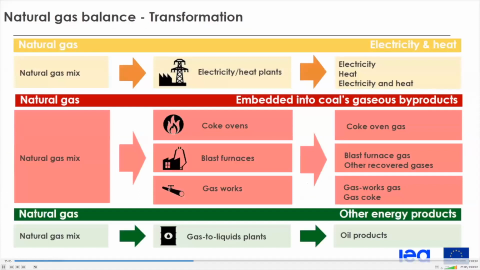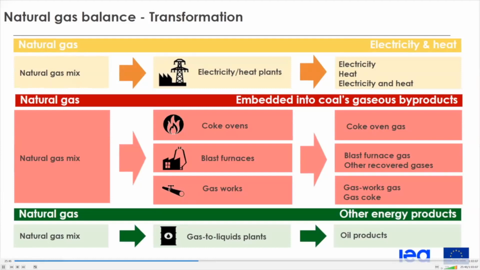Now, if we talk a little bit about transformations, natural gas can be used in several ways to be transformed into another energy form. The most obvious is the electricity and or heat plants, to produce electricity and heat. But it can also be used in some coal processes, mixed with other elements in coke ovens, blast furnaces, or gasworks plants to generate several gases that will be burned to sustain those industrial activities.